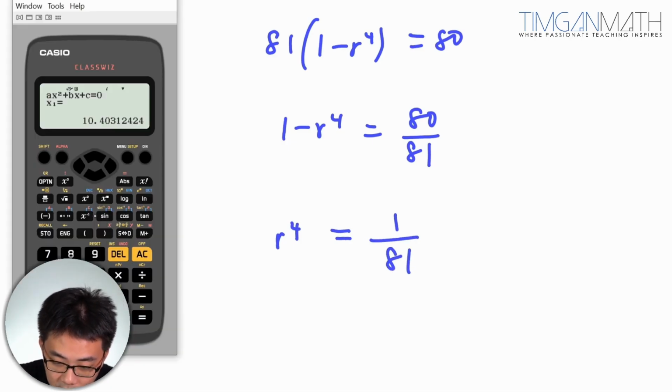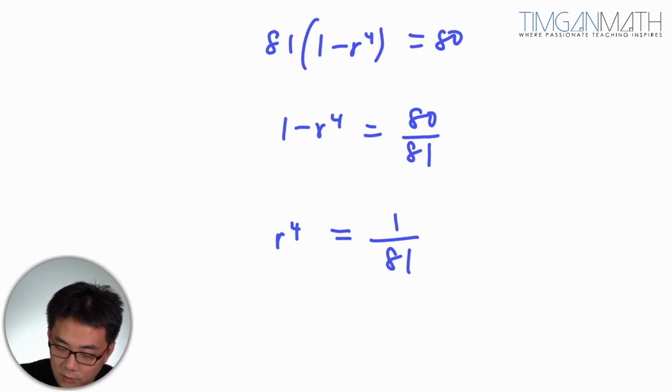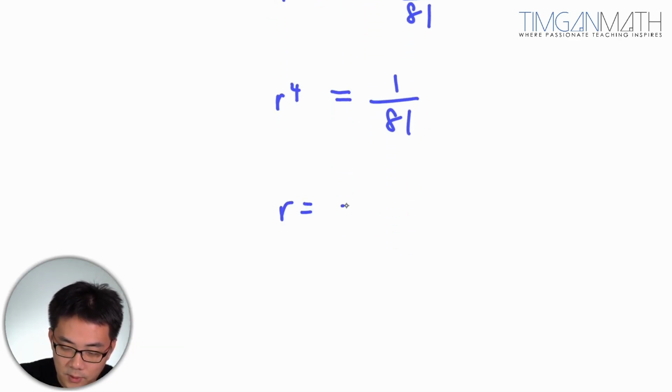Just key in the calculator and you will get the fourth root. 81 to the power of 1/4 would be 3. So r equals plus or minus 1/3.